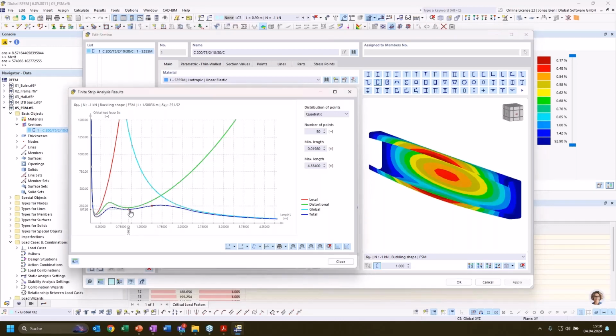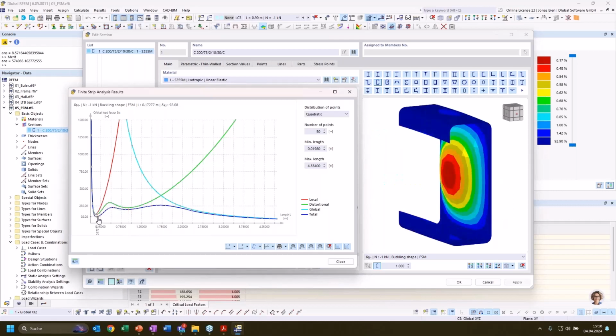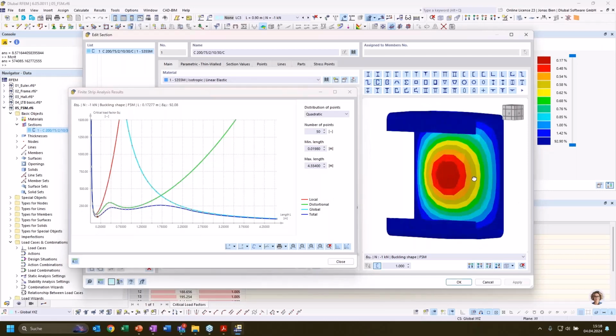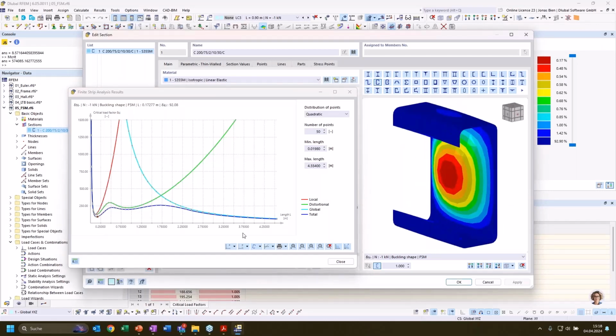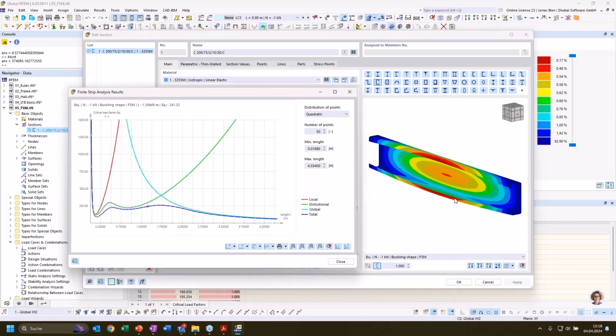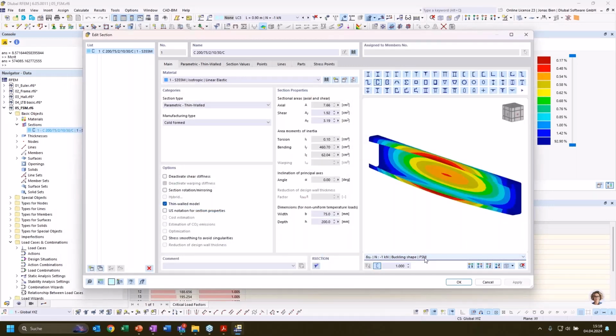And this is of course also refreshed if I click one of those points on our signature curve, I get the respective deformation of a member of that particular length. And what happens in the background? As soon as I start this feature here, in the background, the finite strip method is employed, and I want to show you what that means.